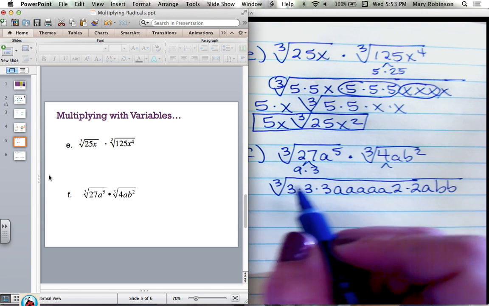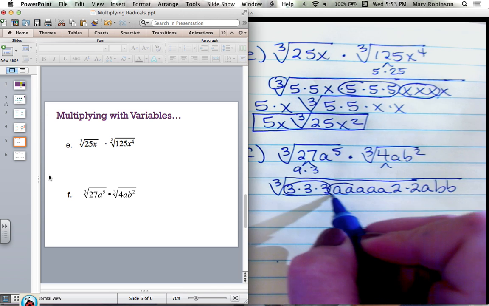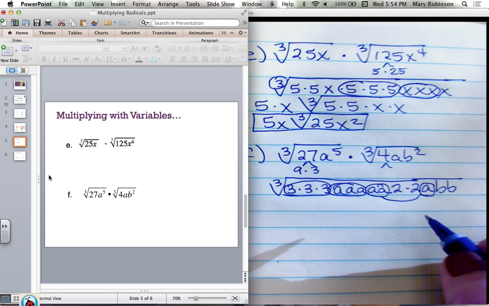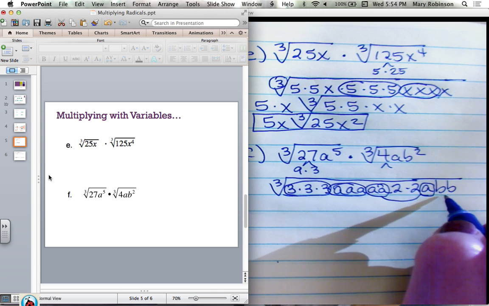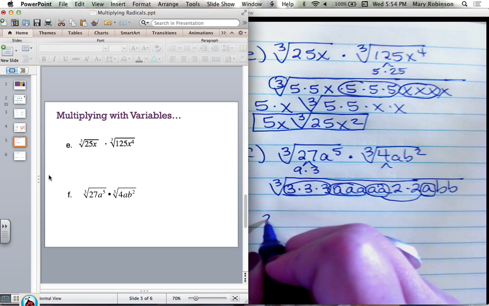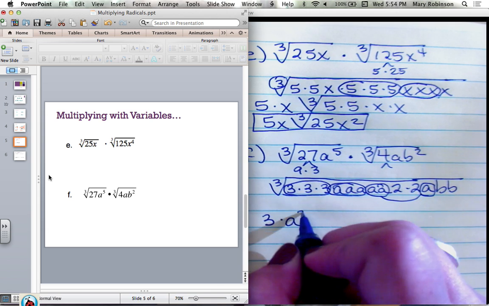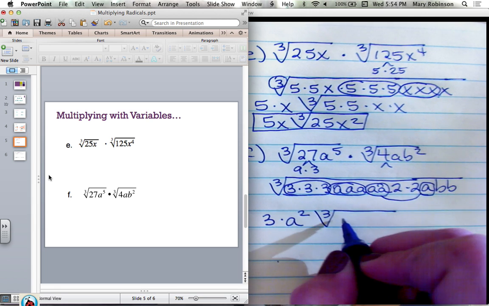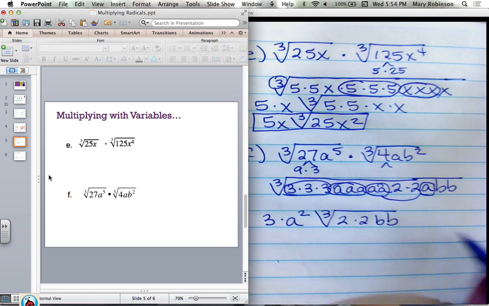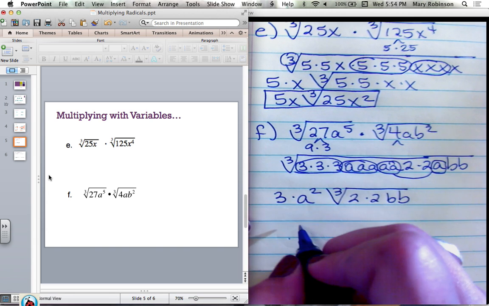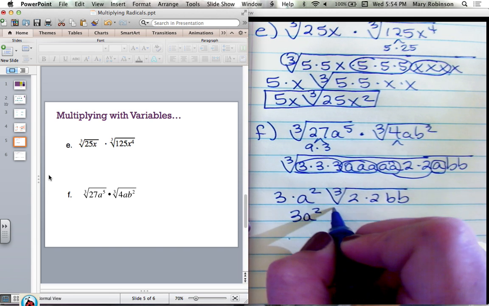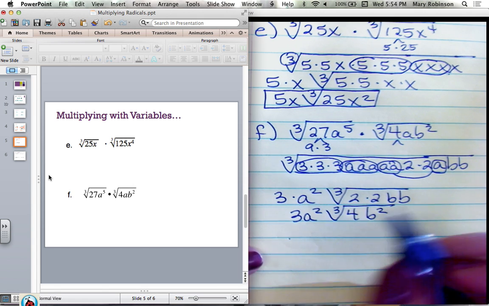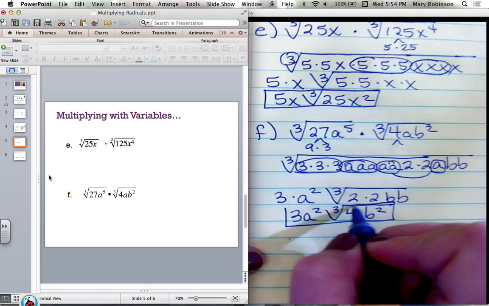Looking for groups of size 3. And I do have these 2 that can join with this a. These cannot form groups of 3, so they remain under my radical. So I bring out a 3, 2 groups of a, and a 2, and a 2, and a b, and a b. So my final answer should look like 3a squared times the cube root of 4b squared. And of course, we can again verify that in our calculator.